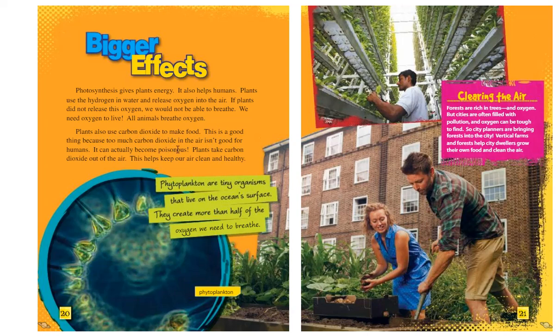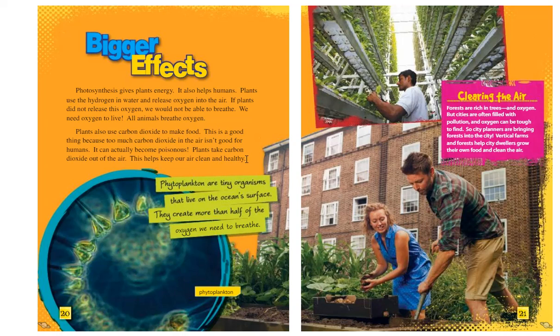It can actually become poisonous. Plants take carbon dioxide out of the air. This helps keep our air clean and healthy. So that's why it's so important for us to have a lot of plants on the planet. We breathe in oxygen and breathe out carbon dioxide. The plants breathe in the carbon dioxide, and then through photosynthesis they breathe out oxygen.